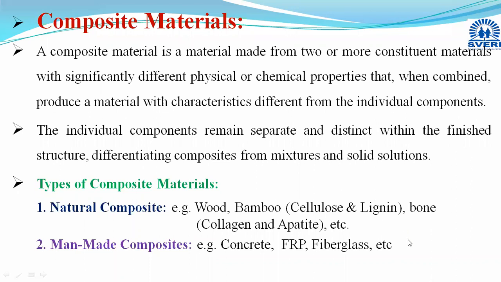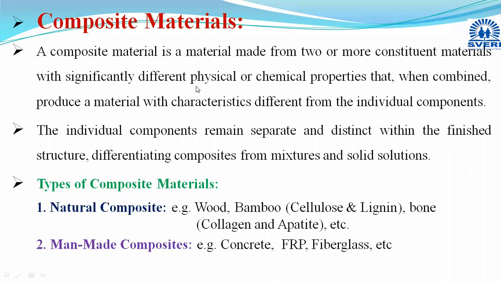Now, I will start with the composite material. What is the meaning of composite material? Here, I have highlighted that. Composite material, in short, is a material made up of two or more constituent materials having different physical and chemical properties.